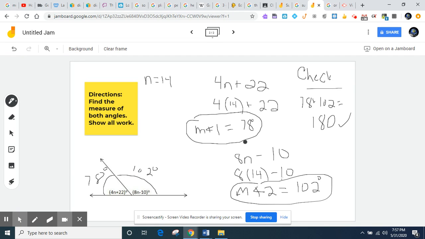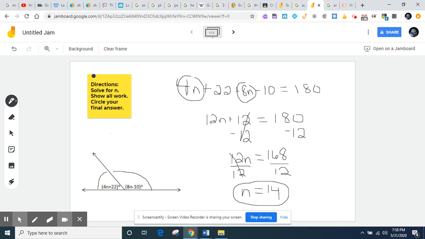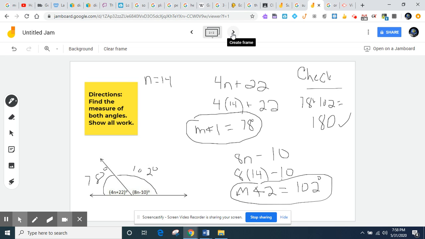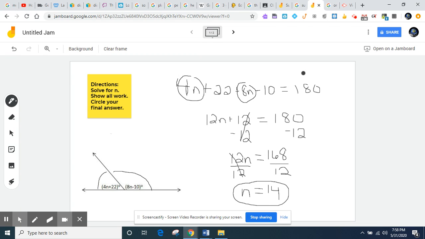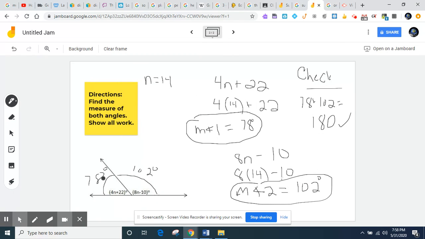Our work is accurate. Okay, so now I've shown you two different possible directives that you could be given. If the directions tell you just to solve for n, you would solve like this and then stop there, okay, because you have your value for n. But if the directions tell you to find the measure of one or both angles, then you not only have to solve for n, but after you get n, then you need to substitute the value into either one or both of the expressions to get the actual angle measures.